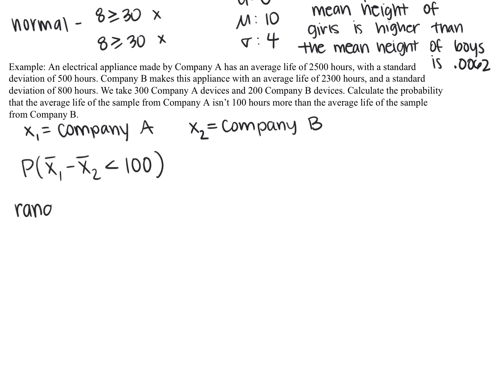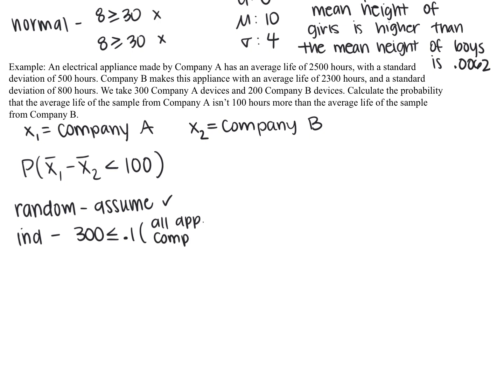So for random here, again, we're going to go ahead and assume that when we took our appliances from each company, we selected them randomly. For independent, we took 300 appliances from company A, so 300 has to be less than or equal to 10% of all appliances from company A, which we'll go ahead and assume they make at least 3,000.